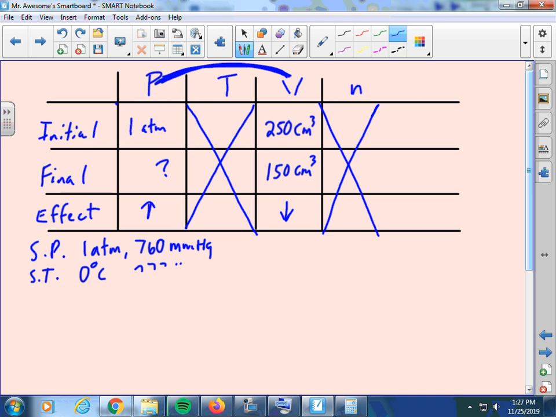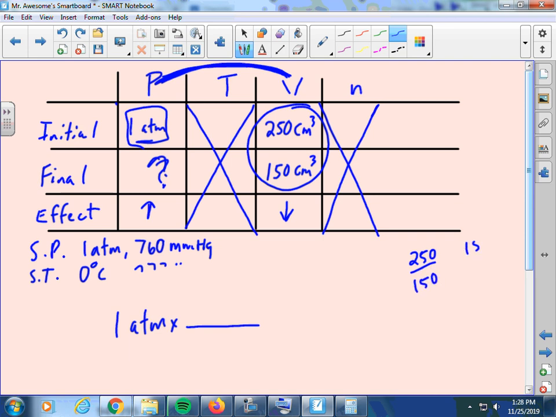So again, if I start with trying to solve this here, okay, so I'm going to start with 1 atmosphere and multiply it by a fraction. Look at volume, which is what I've got both the initial and final. I can either do 250 over 150 or 150 over 250. What do I want to happen to 1 atmosphere? Do I want it to go down or up? I want it to go up.